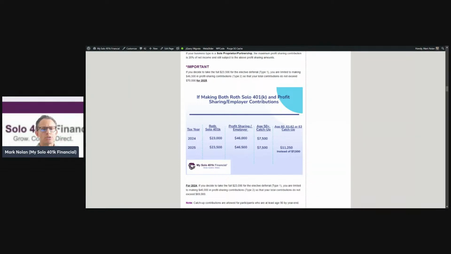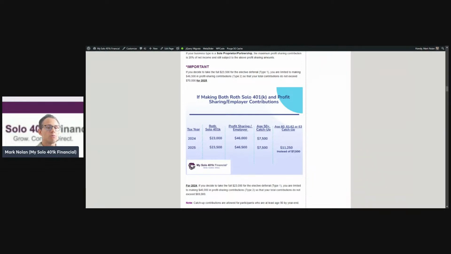So looking at 2025 numbers, let's say you want to make a Roth solo 401k employee contribution. You could contribute 23,500 as a Roth employee solo 401k contribution.